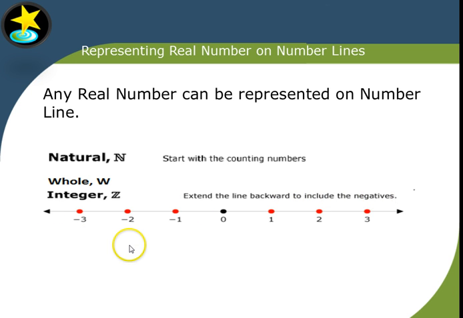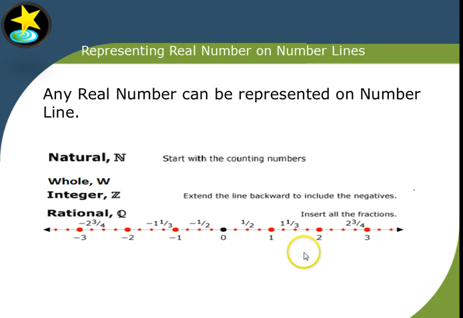So basically integers on the same line which I started with natural numbers, I moved it to the left to get 0. And if I further move it to the left, what I get is negative integers. And then with negative integers, 0 and positive integers, what I get is the entire set of integers on the number line.